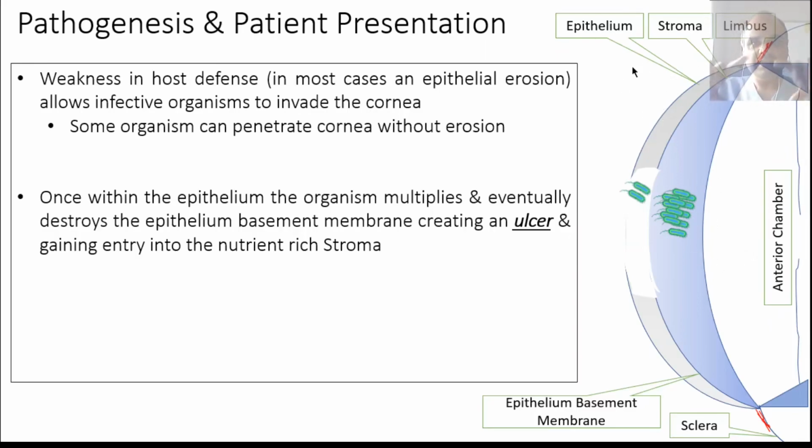So you start seeing redness in the eye, and that is the first thing that happens when the inflammatory cascade begins. You have those inflammatory cells coming in. For that, you need vasodilation. And one of the closest sources of a lot of protective cells is your limbal vasculature, so it dilates.